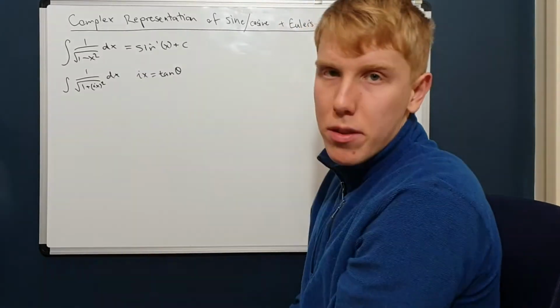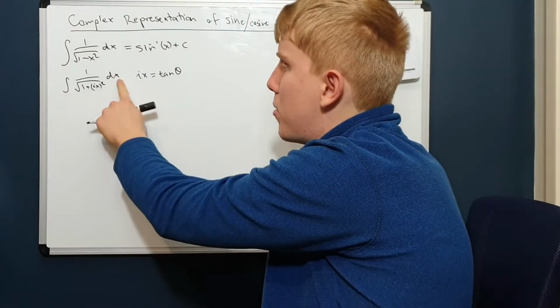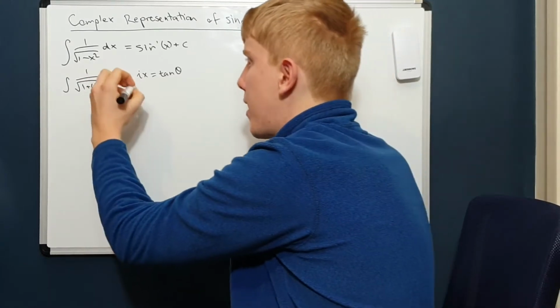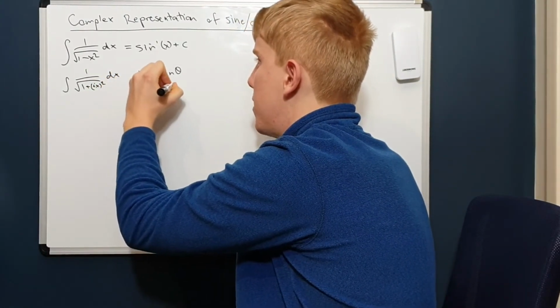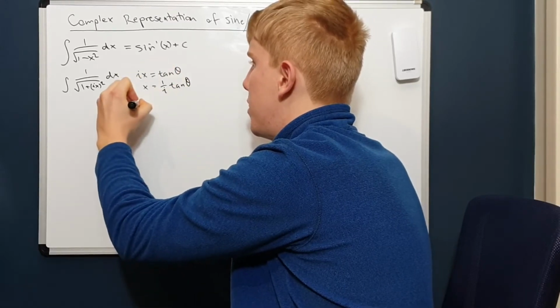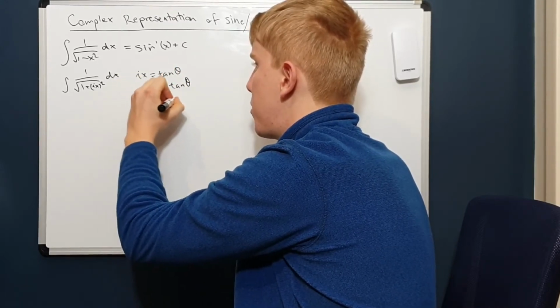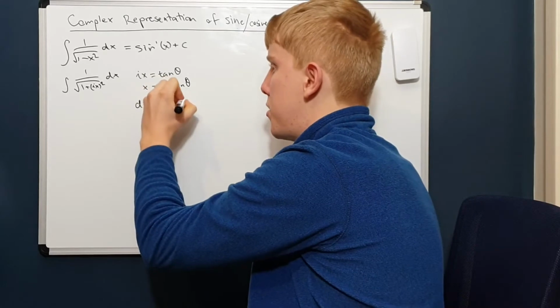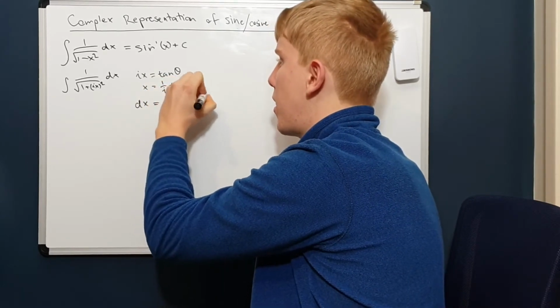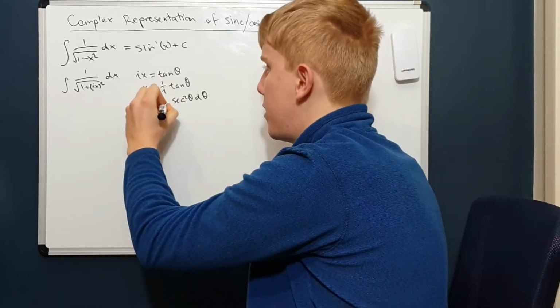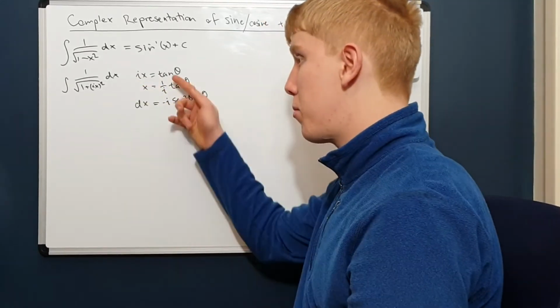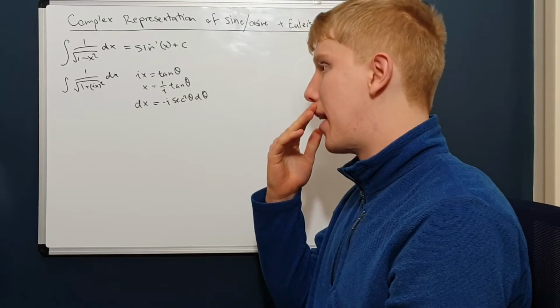And usual business with the substitution, we'll now evaluate our differential dx. So x will be equal to 1 on i tangent theta, and dx will be equal to, the derivative of tangent is secant squared theta, d theta. And I'll also rewrite this 1 over i as negative i by multiplying the numerator and denominator by i.